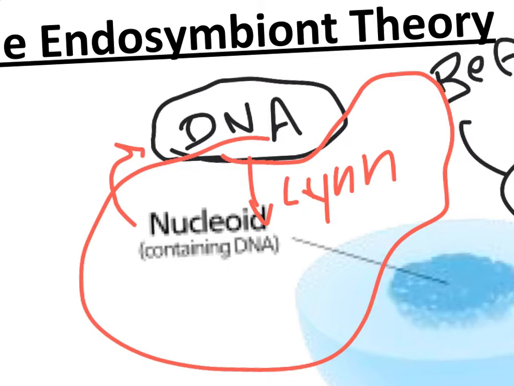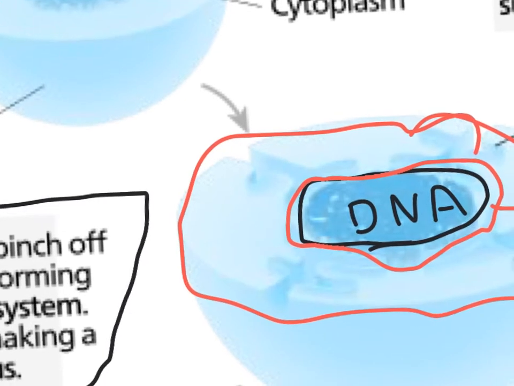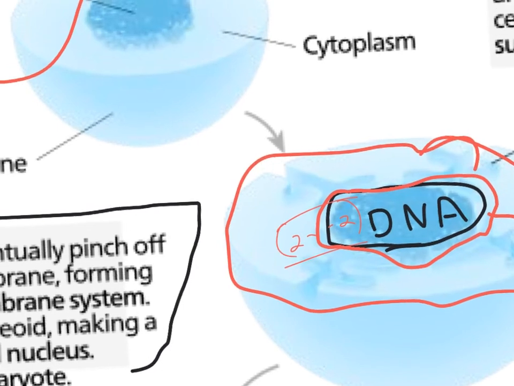If this cell is going to have a lipid bilayer, so that's 2 layers right there, and this cell is going to have a lipid bilayer, when it goes in, then what you should expect is that you would have 2 layers here and 2 layers here, right? A double lipid bilayer. And that is, in fact, what you have in the nucleus.